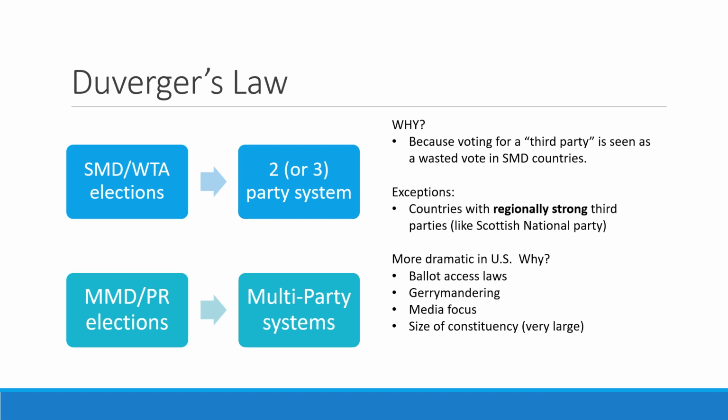If you think of it, our total Congress has 535 members. The French legislature, if you combine both of its chambers, has almost 700 members for a much, much smaller country. So the larger the constituencies are, the more likely that you'll have the two major parties dominating the system as well.